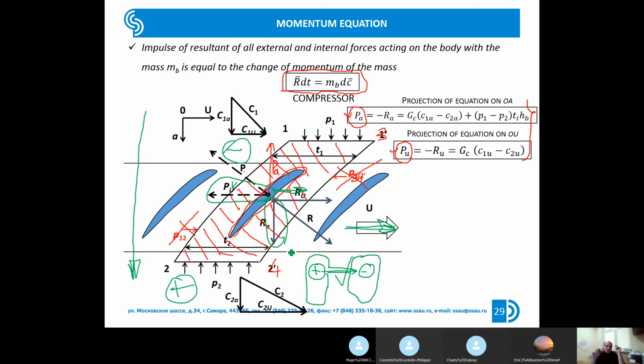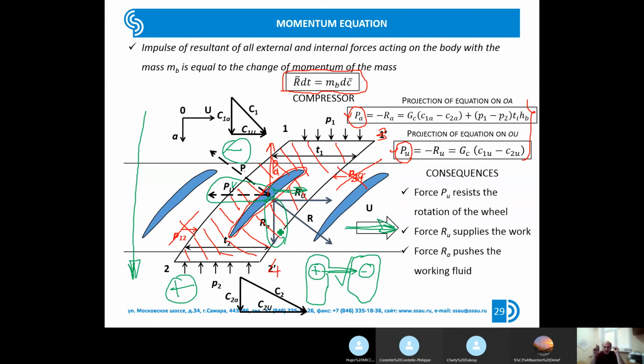So we can say that force RA pushes the flow through the compressor. And finally, force RU creates resistance to the rotation of the wheel. Force RU supplies the mechanical work to the flow, and force RA pushes the working fluid through the blade row.